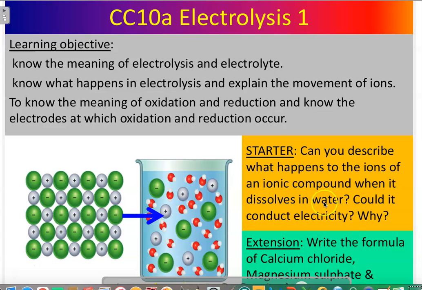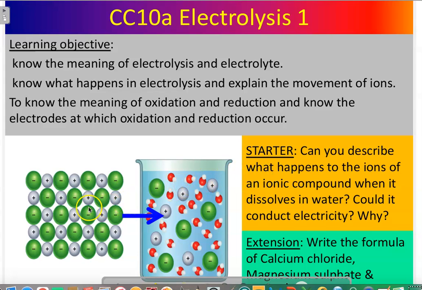Now, this question can be explained in terms of the solid and an ionic compound that has been dissolved in water. We know from our bonding that ionic compounds are made of positive and negative ions being attracted to each other electrostatically.